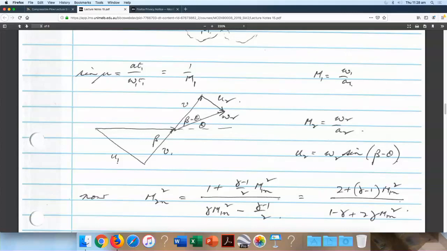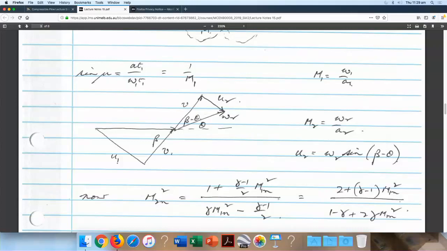Now, downstream of this normal shock wave, M2n, which is this velocity U2, was given by 1 plus gamma minus 1 over 2 M1n squared, over gamma M1n squared minus gamma minus 1 over 2. I wrote that down for you at the time, I don't remember it myself. So this is 2 plus gamma minus 1 M1n squared, over 2 gamma M1n squared plus 1 minus gamma.